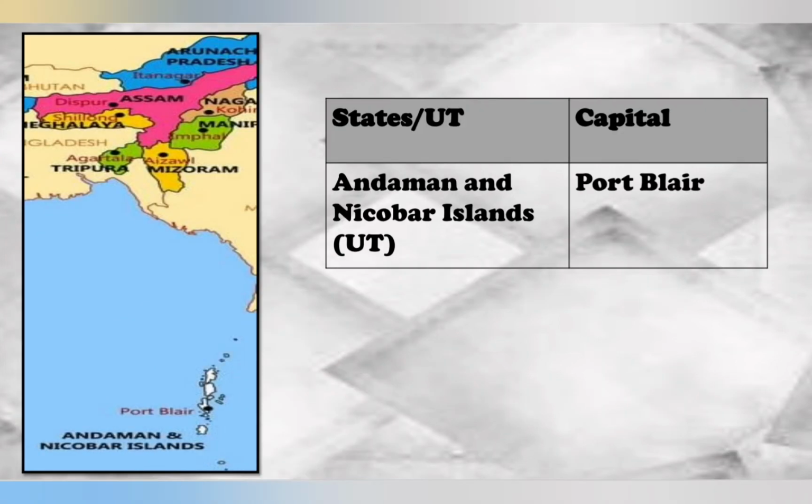And finally, we have Andaman and Nicobar Islands, which lies in the southeastern part of India in the Bay of Bengal Sea. Andaman and Nicobar Islands is also a union territory, and its capital is Port Blair.